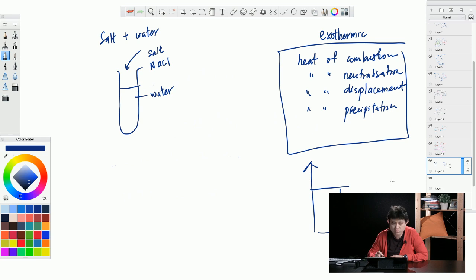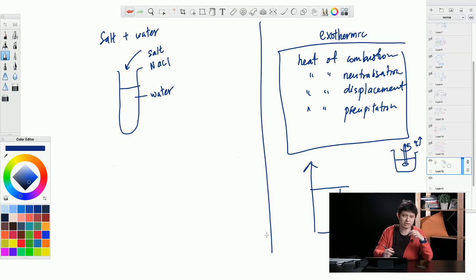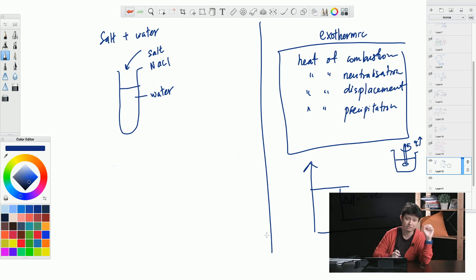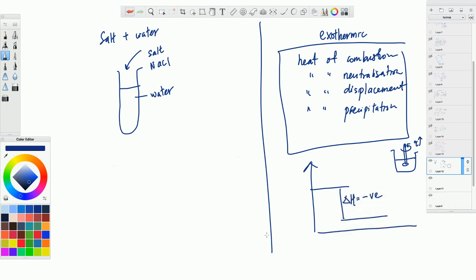Okay, so the surroundings always suhu meningkat. Okay, temperature increases. The endothermic is always the other way around, where you need to absorb more heat. You need to absorb more heat for a reaction to occur. So for example, if I take sodium chloride is solid, okay? In order for it to dissolve in water, it needs to absorb heat.